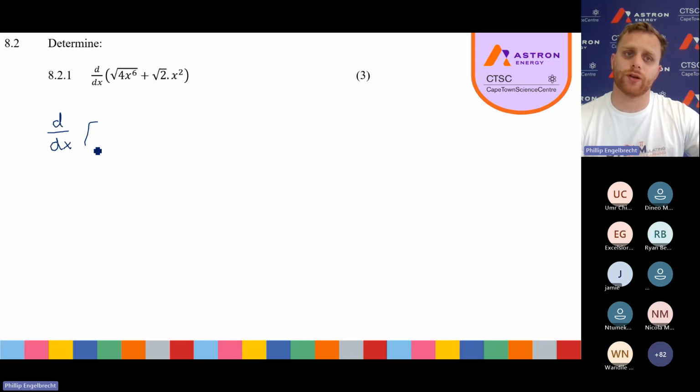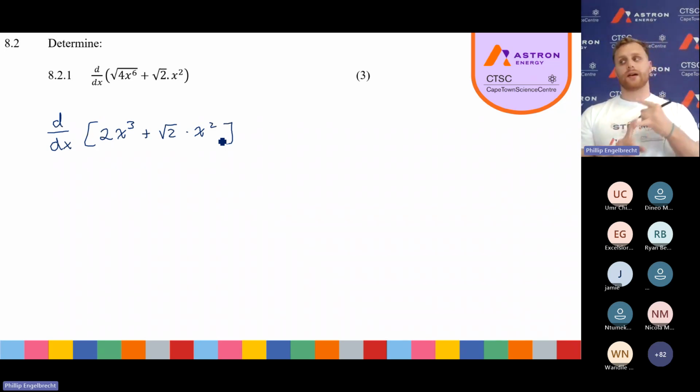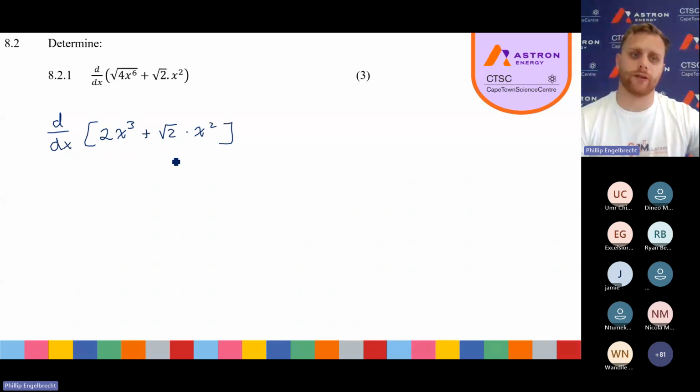So, this becomes the first derivative of, square root of 4 is 2, x, the square root of x to the power of 6 is x to the power of 3, plus the square root of 2 times x squared. So now I have neatened this up. Now I can take it a step further and actually figure out what the derivative is.